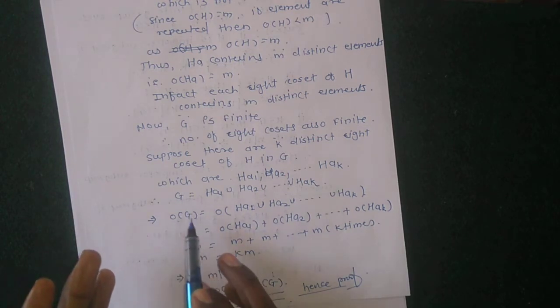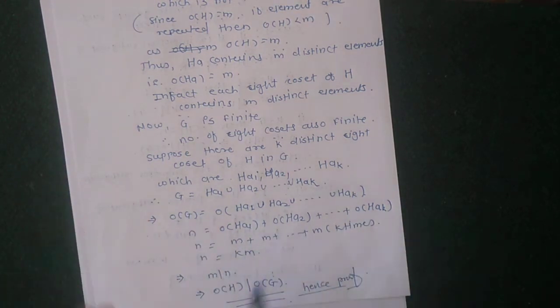So the order of G equals the order of all these right cosets: order of G equals order of Ha1 plus order of Ha2 up to order of Hak.